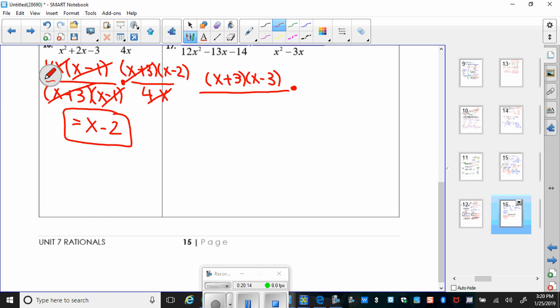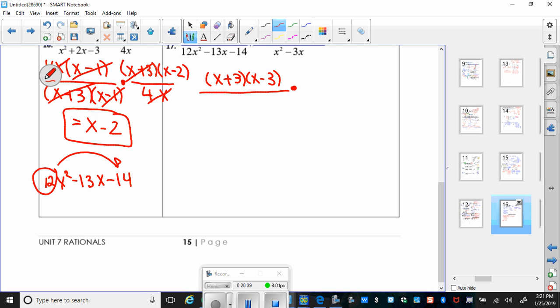So I have 12x squared minus 13x minus 14. And I'm going to see if I can slide and divide these particular equations. So first, I have to get 12 times 14. So I'm going to grab my calculator, and you should as well.